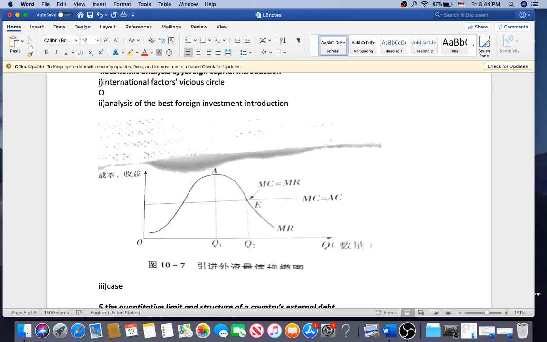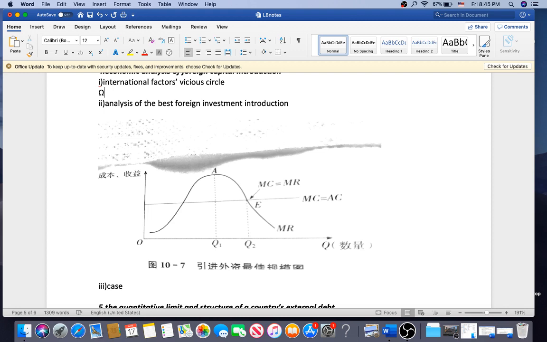On the right side of point A, although the marginal revenue is decreasing, the introduction of external capital is totally absorbed by the abundant resources of the society.